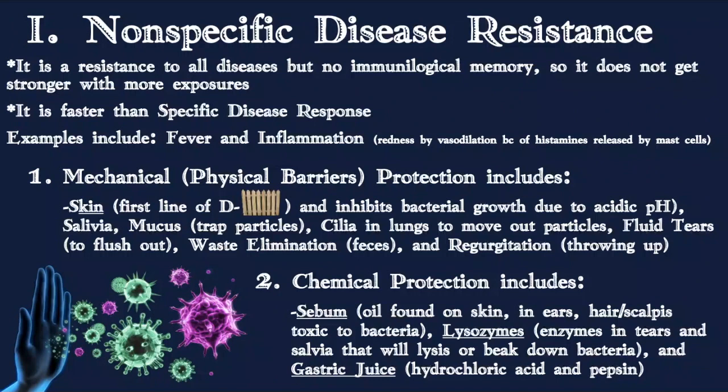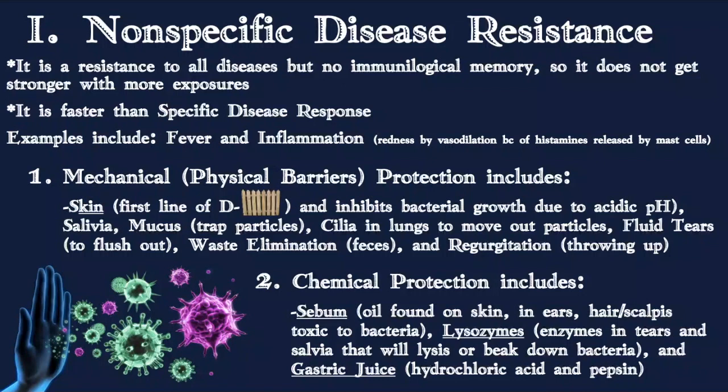So let's talk about the nonspecific disease resistance as we spoke a couple slides ago. This is a resistance to all diseases, and we said it's not specific to one type. It's more broad or general, and it doesn't have a memory to remember which virus or bacteria is coming in. It's just very general.